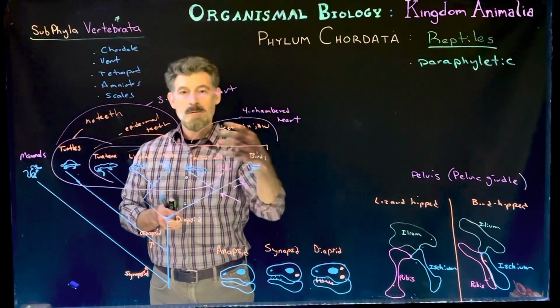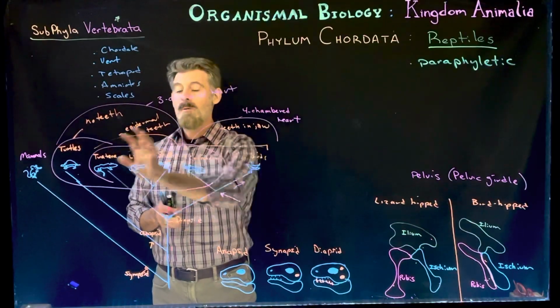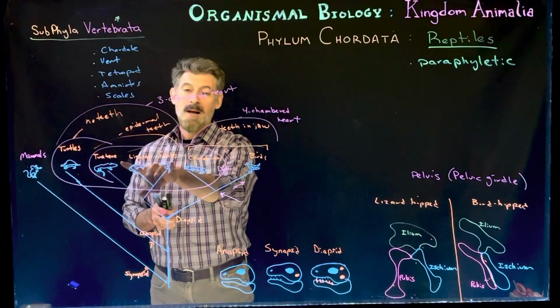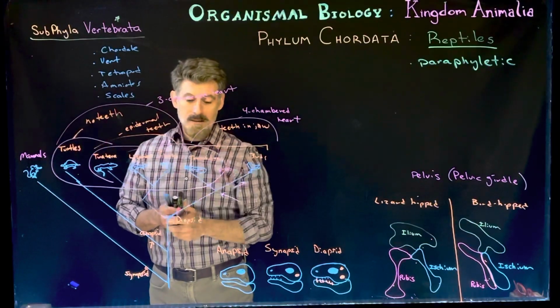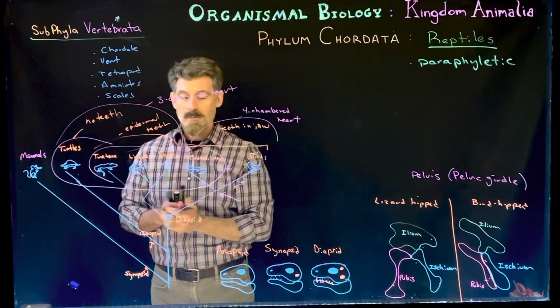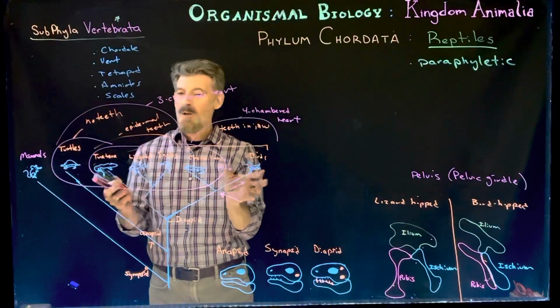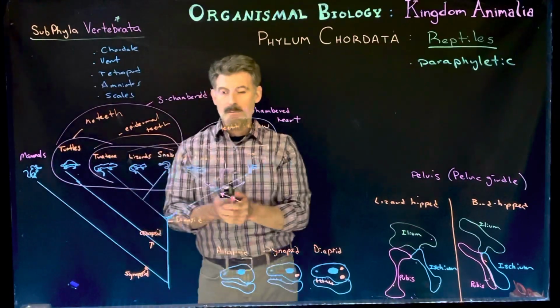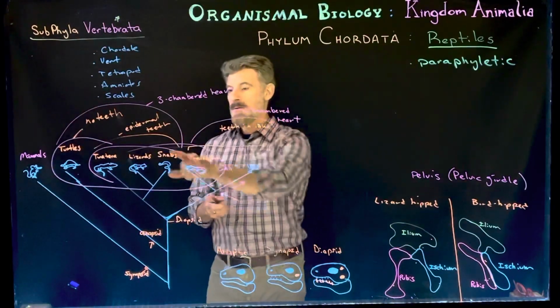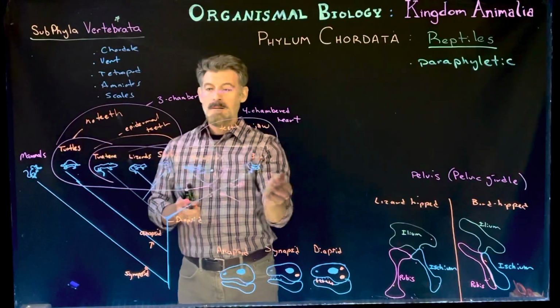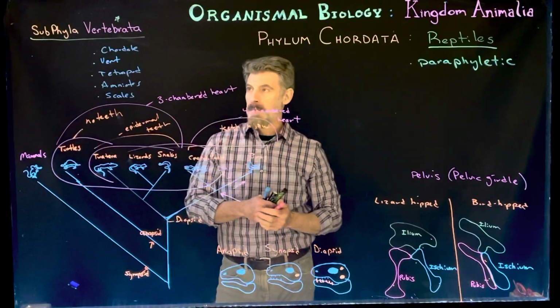The crocodilians are also different with their teeth being in the jaw, whereas either they don't have teeth in the turtles, or they have the teeth embedded in the soft tissue in the other groups of snakes and lizards. And be familiar with who's closer to each other, the snakes and lizards obviously being closer together than the turtles, and the crocodilians being separated out.